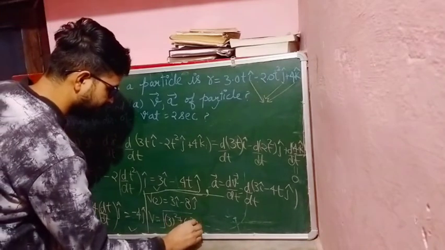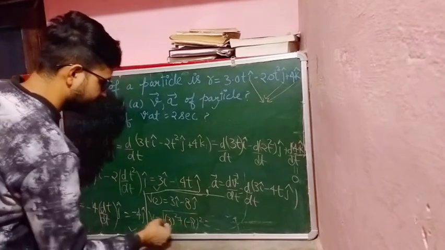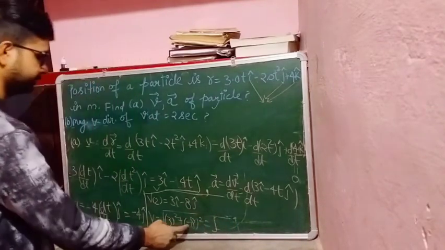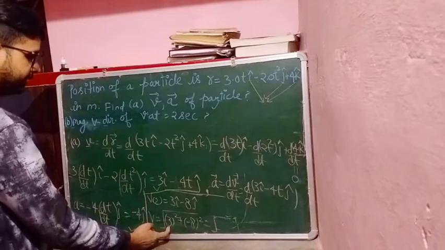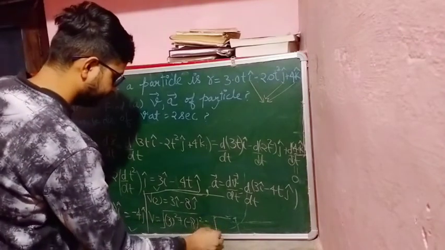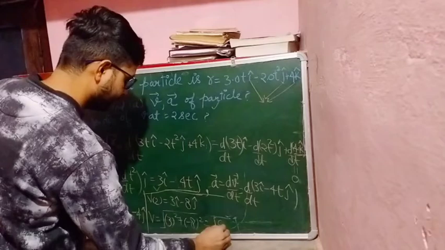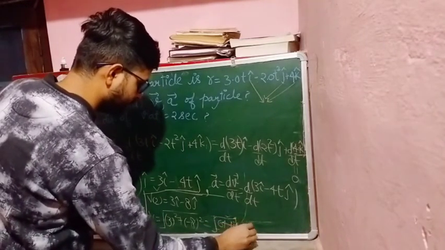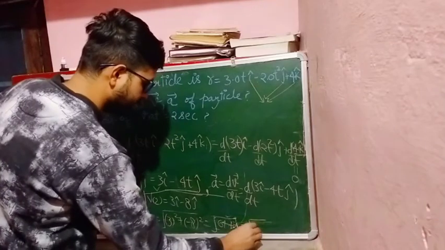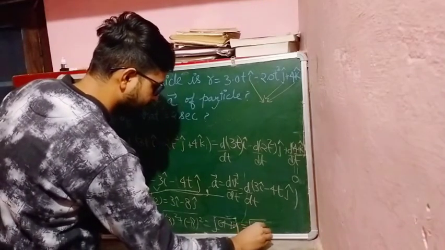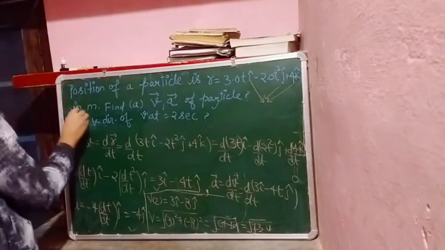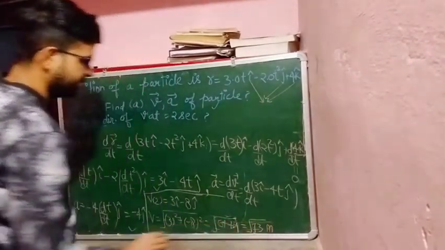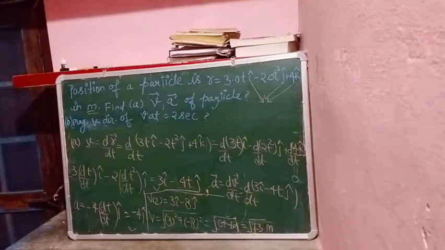So 64 plus 9, root of 73 meters is its magnitude.